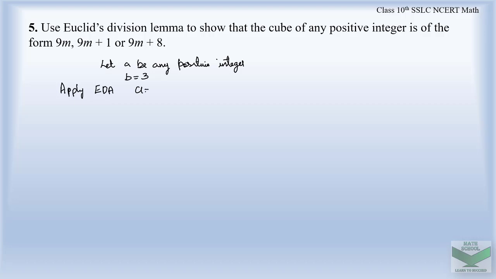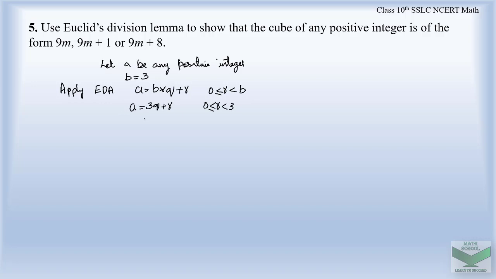Now apply Euclid's division algorithm, which says a is equal to b into q plus r, where r lies between 0 and b, that is 0 less than or equal to r less than b. So applying a and b value, we get a is equal to 3q plus r, where 0 is less than or equal to r less than 3.